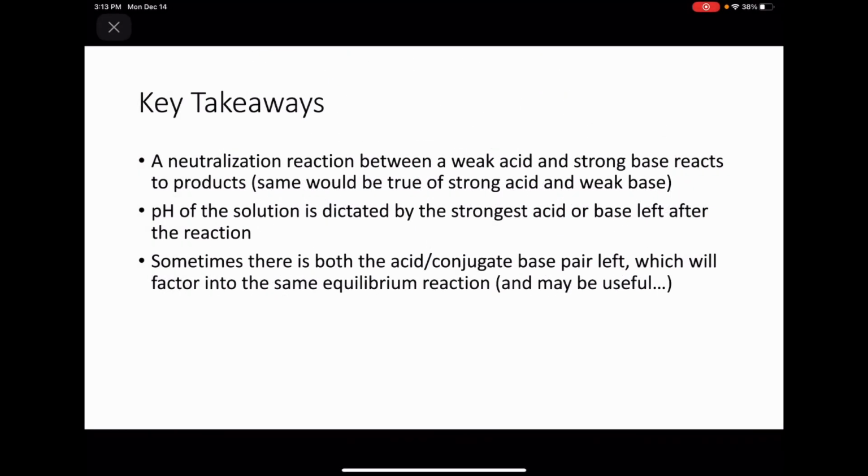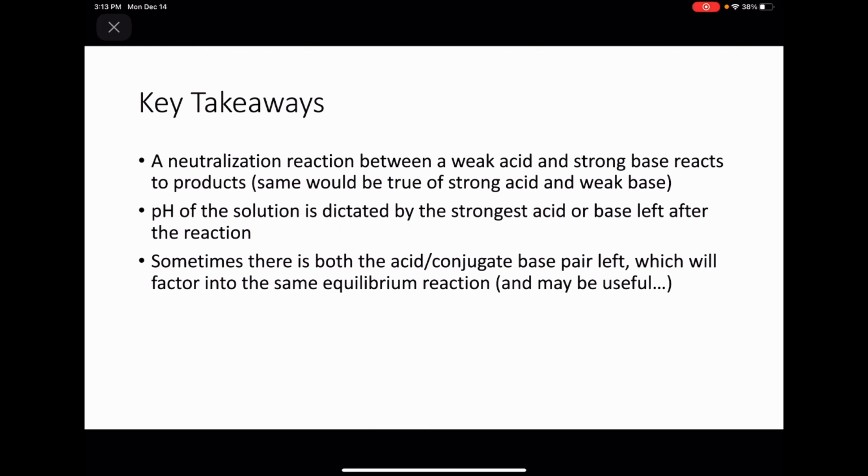And lastly, we have our key takeaways from this. So we've done neutralization reactions where we have weak acid, strong base. They have to be treated as stoichiometric. They go completely to products. We didn't show it, but the same would be true if we reacted strong acid with a weak base.